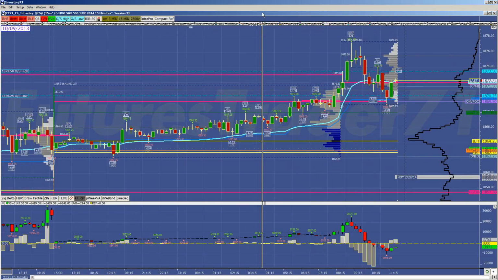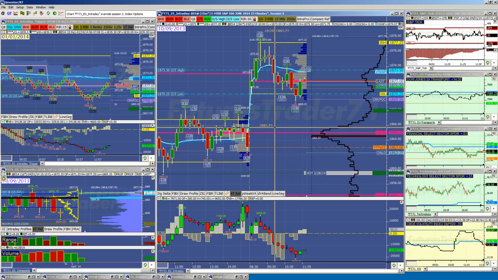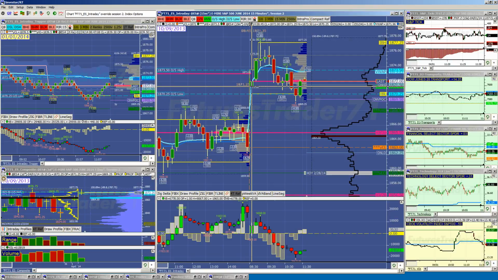Today it happened to open out of range above yesterday's range, which means that overnight the participants priced in a gap. And if the market opens above range and it just takes off, it just runs up, which it didn't do today.